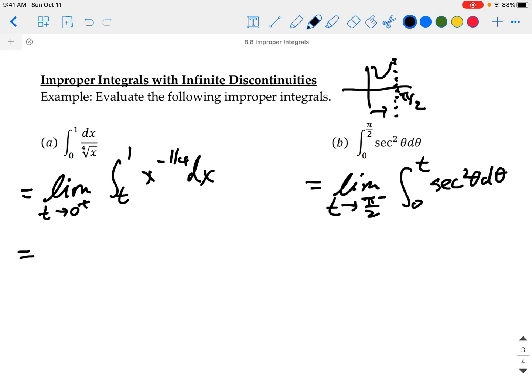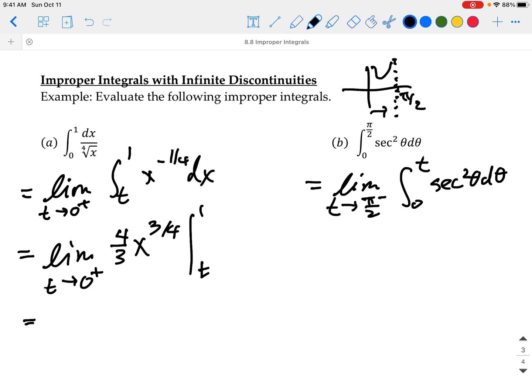On the left-hand side, we'll get the limit as t goes to 0 from the right of the antiderivative, which is x to the 3/4 times 4/3, from t to 1.